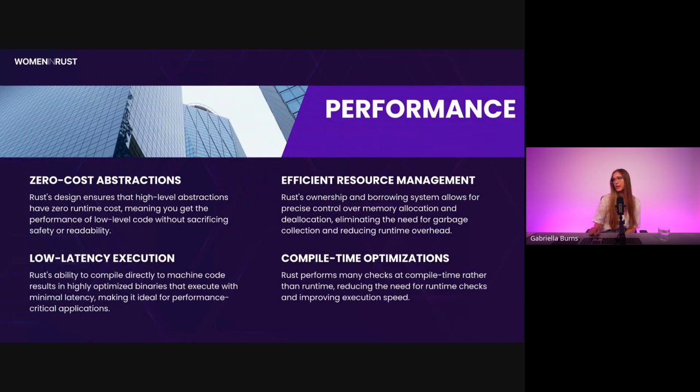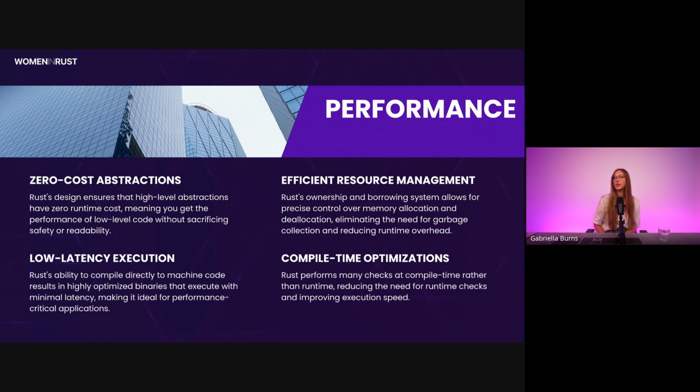So why is Rust good for API performance? Zero-cost abstractions are one of the primary ways it accomplishes its goals of safety and speed. The ownership system is a good example of why this works.